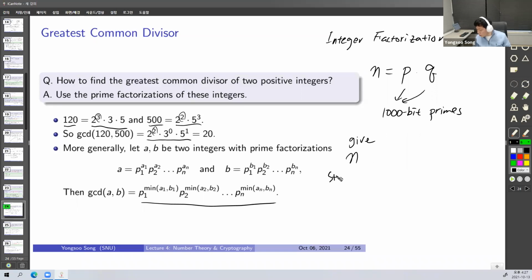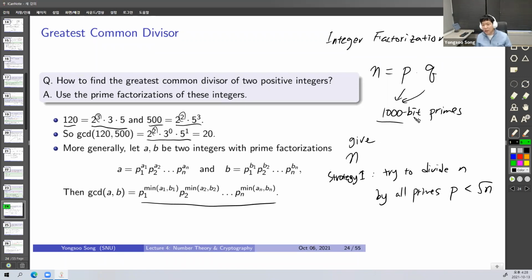So strategy one: try to divide n by all primes p less than the square root of n.